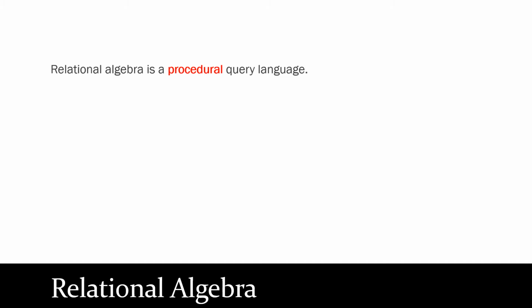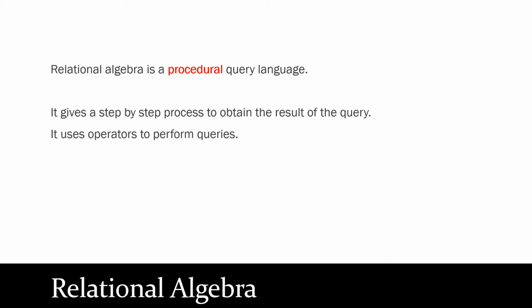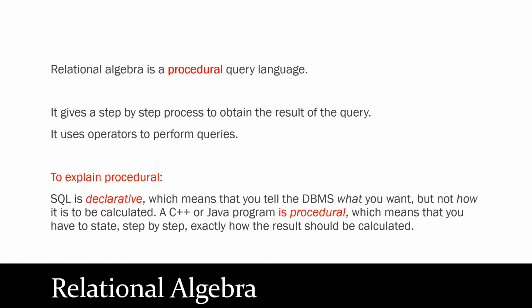Relational algebra is a procedural query language. It gives a step-by-step process to obtain the result of the query. It uses operators to perform queries. To explain procedural, SQL is declarative, which means that you tell the DBMS what you want, but not how it is to be calculated.